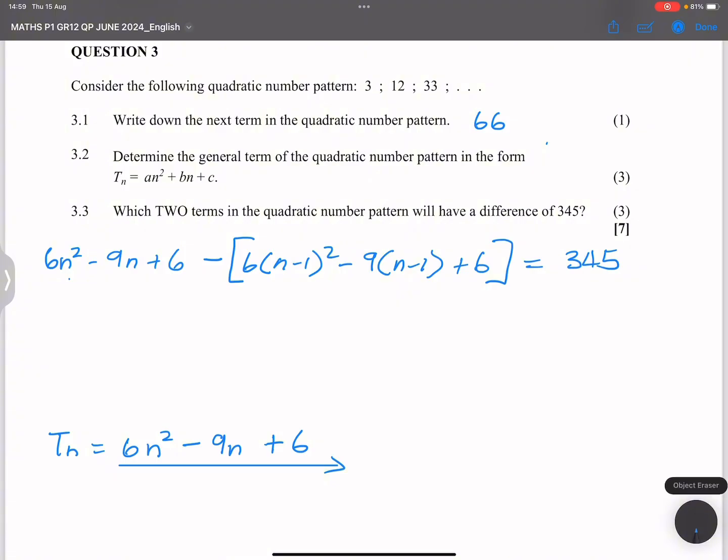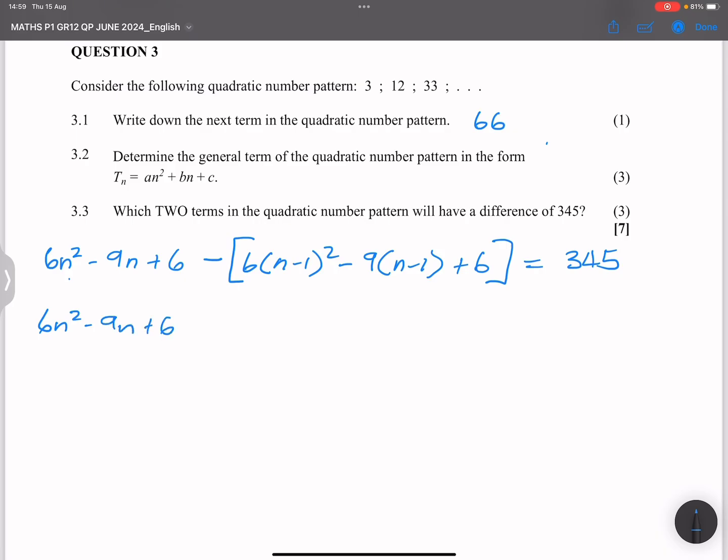345. Now let's try and work this out mathematically. So this will give us 6n squared minus 9n plus 6, right? So I'm going to keep that negative there. Now if I multiply inside this bracket, remember this becomes n squared minus 2n plus 1, right? So that will be 6 into n squared minus 2n plus 1.